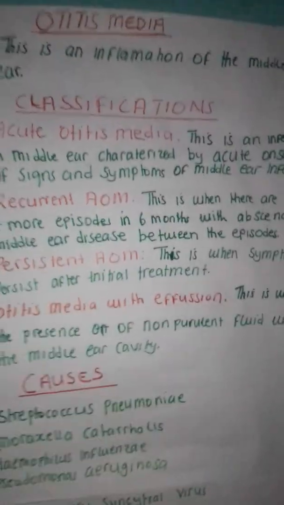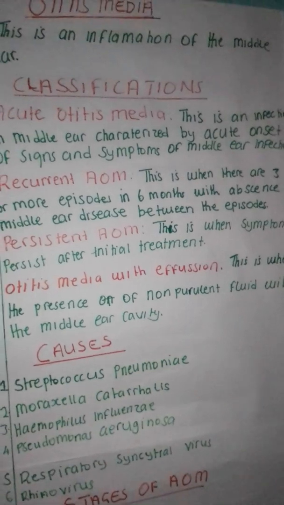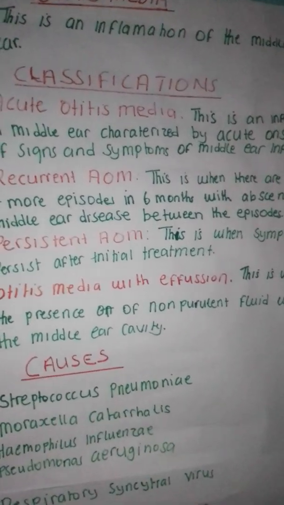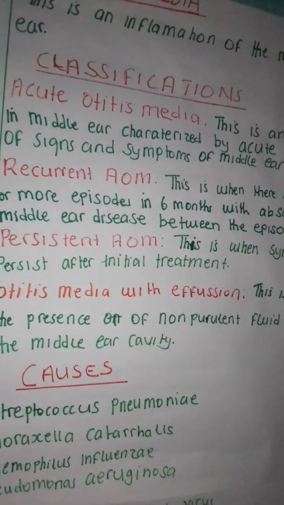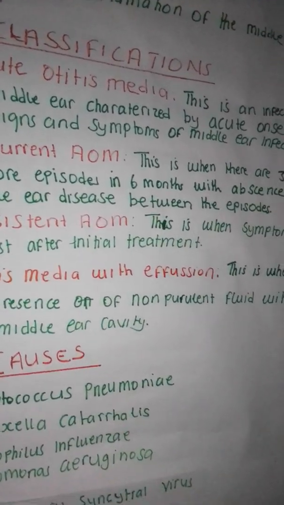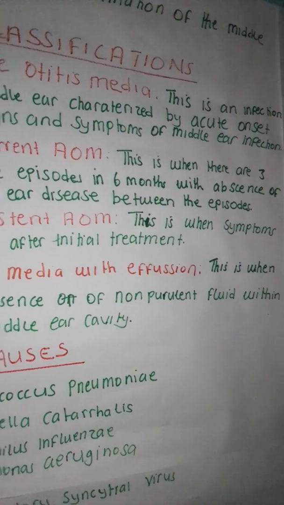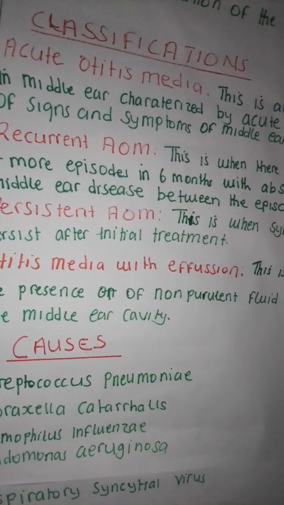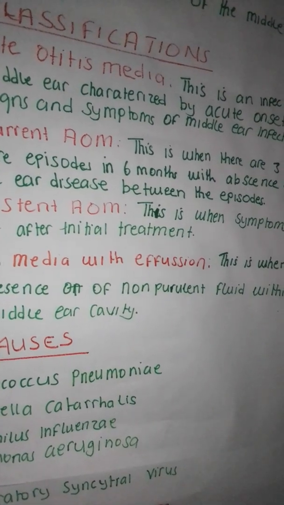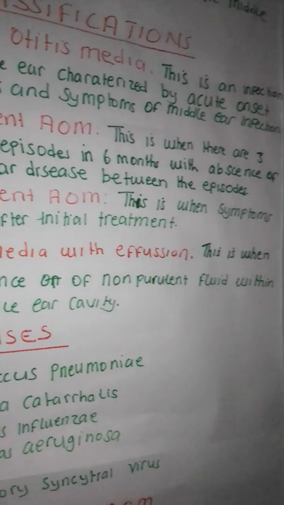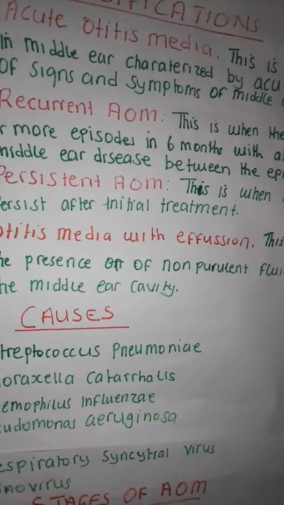So we had said otitis media is the inflammation of the middle ear. The classification is as follows. There's acute otitis media, which is an infection of the middle ear characterized by acute onset of signs and symptoms of middle ear infection.